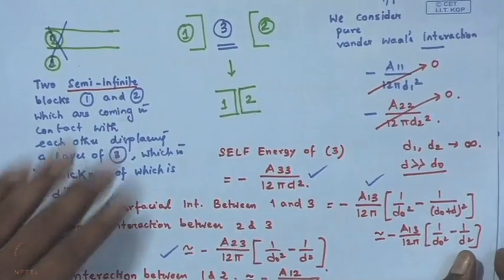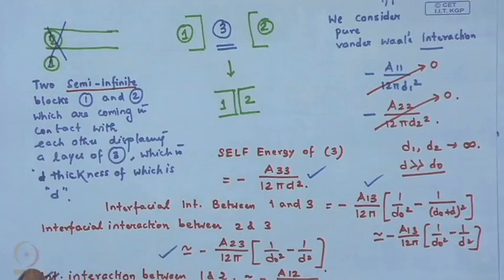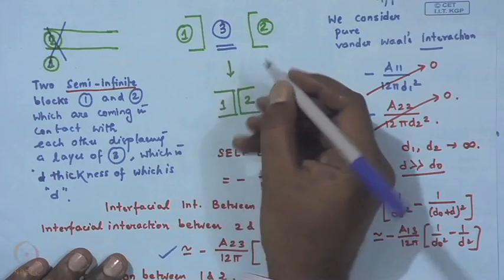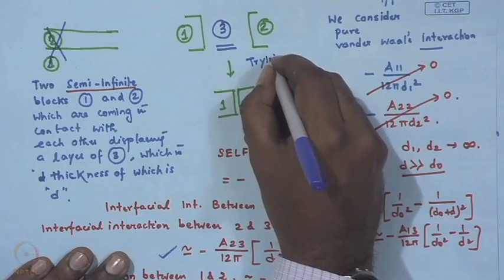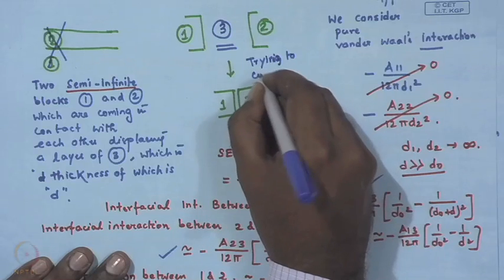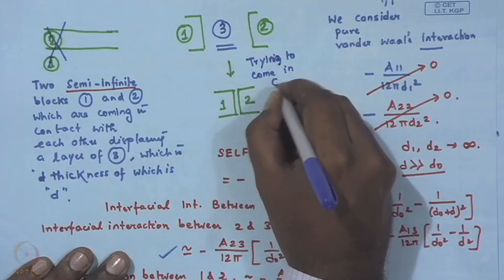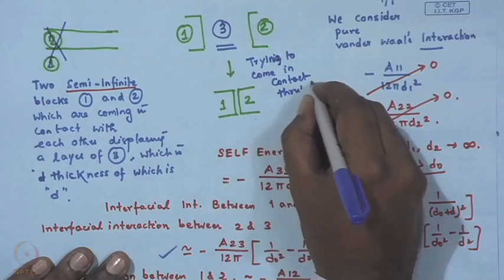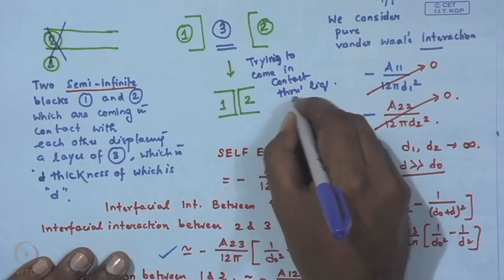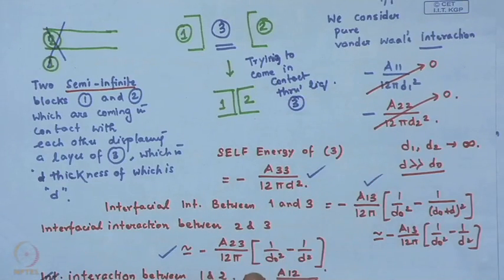We are talking about two blocks 1 and 2 which are trying to come in contact through liquid 3, and there can be two ways to visualize it.